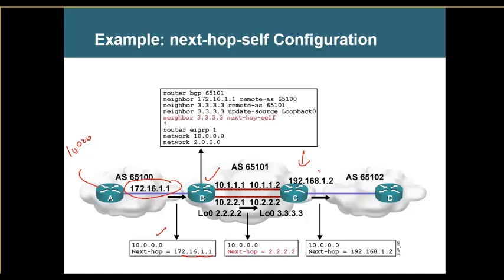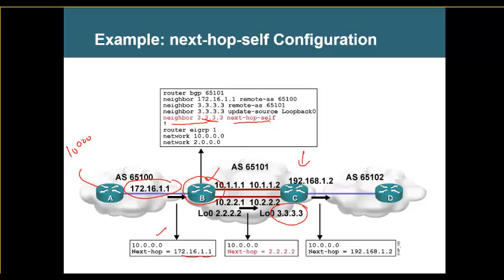Router C does not know about it because it's not inside the autonomous system. So we go to router B and say, whenever you speak to 3333, just tell yourself as next hop.